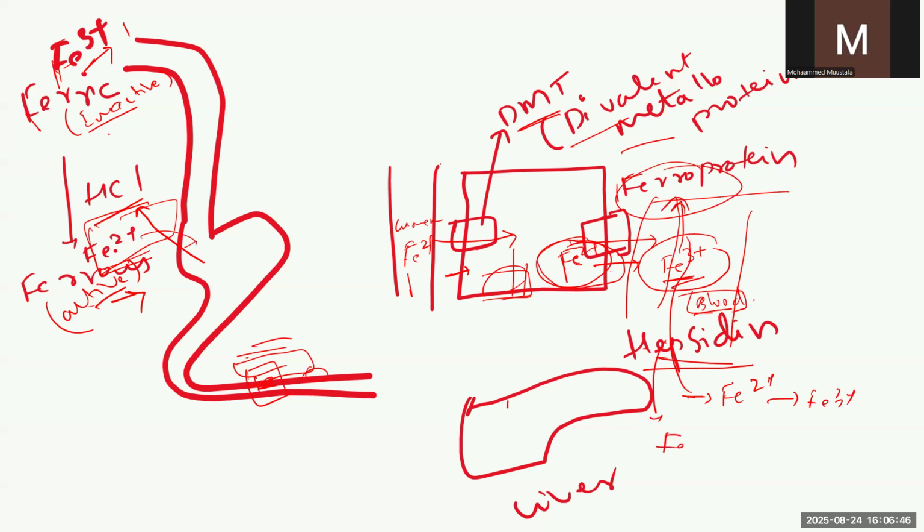Because if there is excess or increased iron, then there is a requirement to inhibit this protein in order to reduce the extra Fe3+ entering the blood circulation. Also, hepcidin helps in the storage of Fe3+ in the liver. If there is an emergency requirement of iron, it will be released into the circulation. So this is about the absorption as well as the conversion of iron.